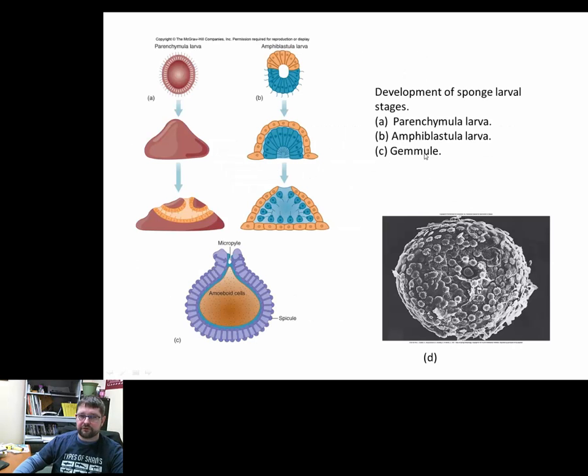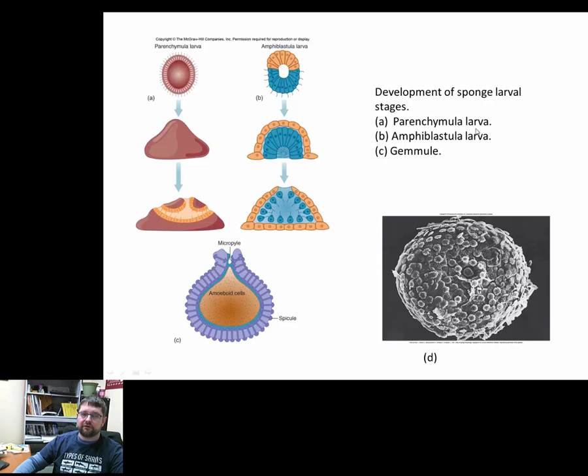Okay, so there are a couple different types of larvae and stages of larvae depending on the organism that we're talking about. We just talked about gemmules, this chunk that breaks off, and you can have these amoeboid cells and these spicules, which allow the organism to reestablish itself asexually.